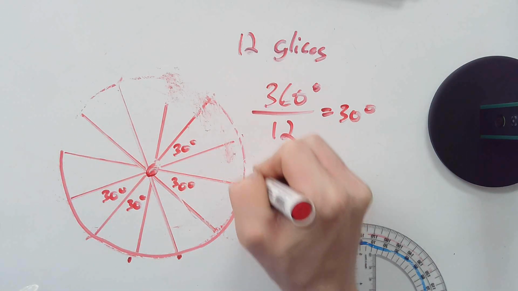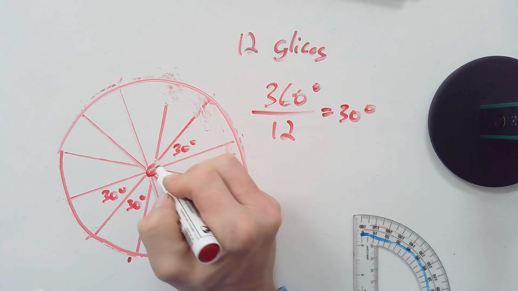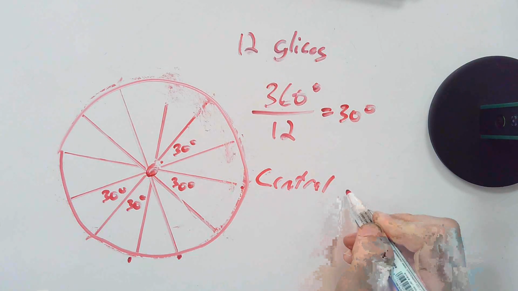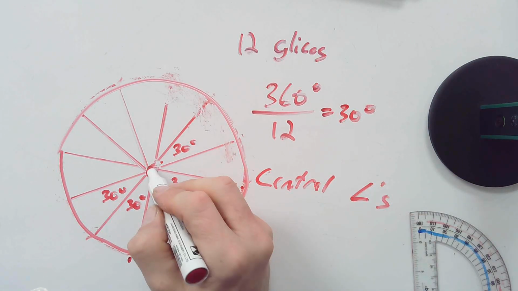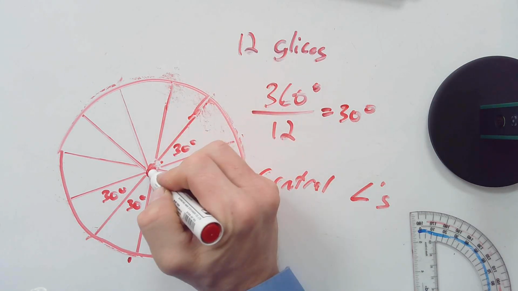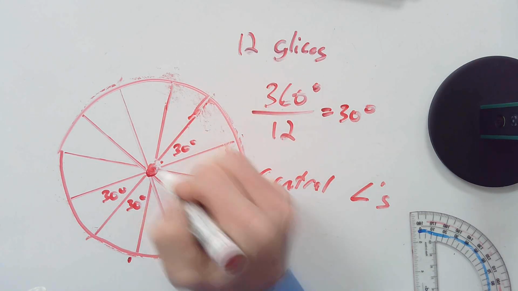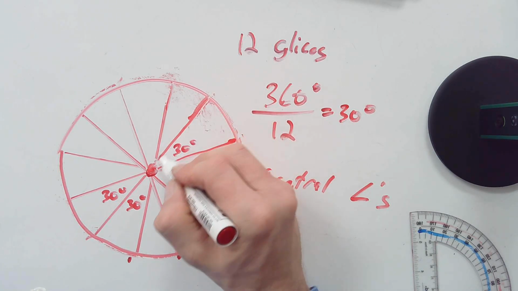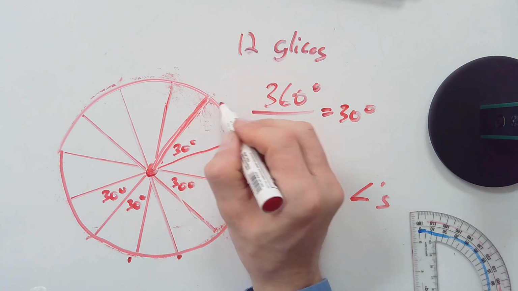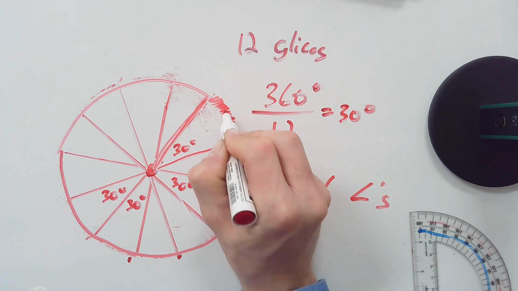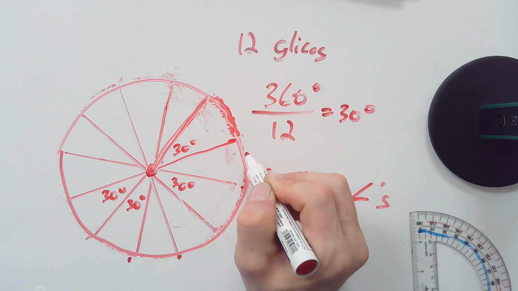What I just drew are all called central angles, because each is an angle whose vertex is on the center point of the circle. When I have a central angle, this is called an arc measure.